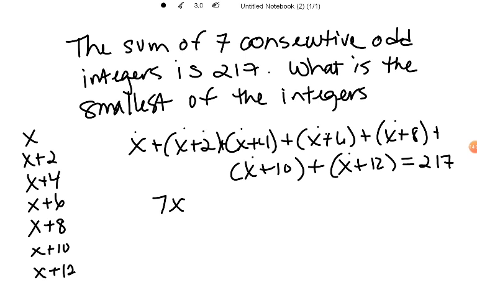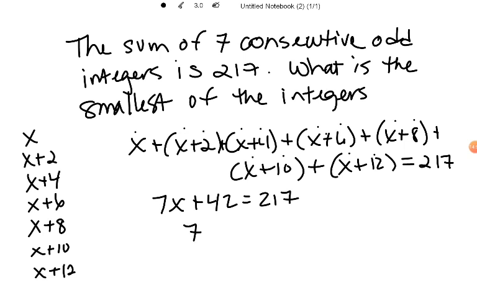Then let's add up 2 plus 4 is 6. 6 plus 6 is 12. 12 plus 8 is 20. Plus 10 is 30. Plus 12 is 42. Equals 217. So let's solve.